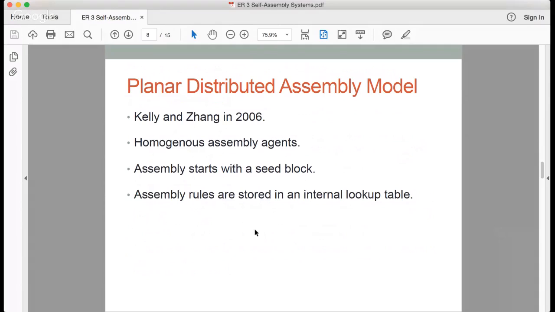Assembly starts with a seed block, and then the structure grows outwards from the seed. Assembly rules are stored in an internal lookup table, with each rule specifying a binding configuration that activates an assembly action. The group of assembly rules forms an assembly rule set that is identical for all agents in order to allow each agent to perform a complete assembly task if needed.